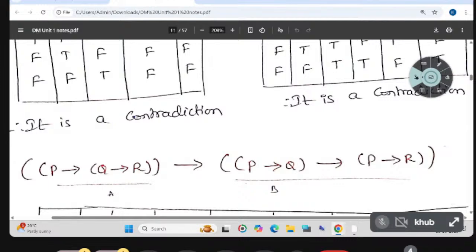Last values, has anyone completed the problem? Anyone finished? Anyone completed the problem?